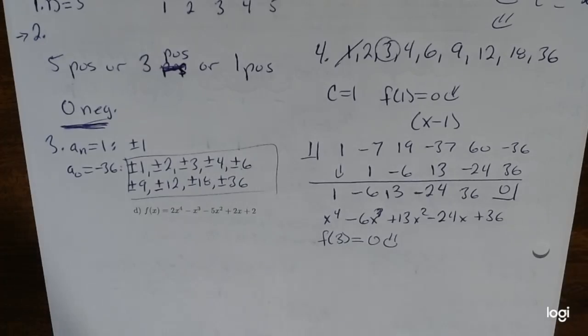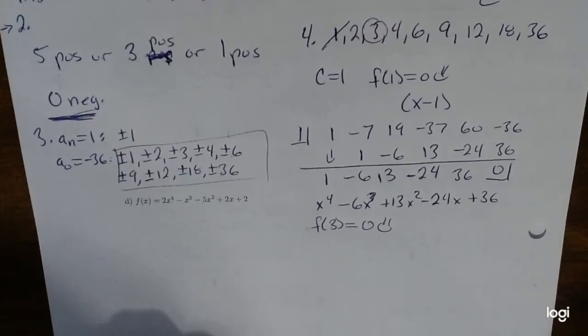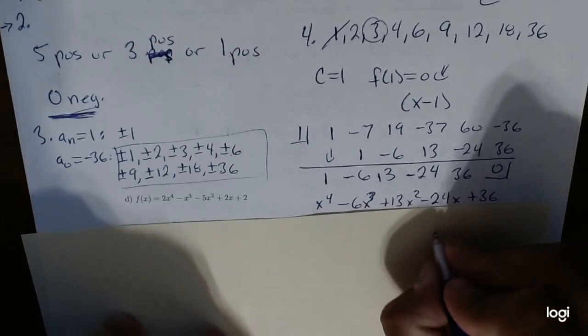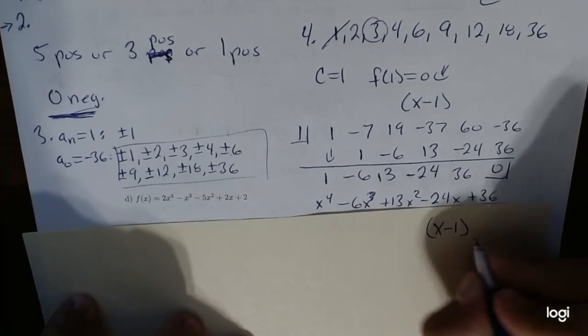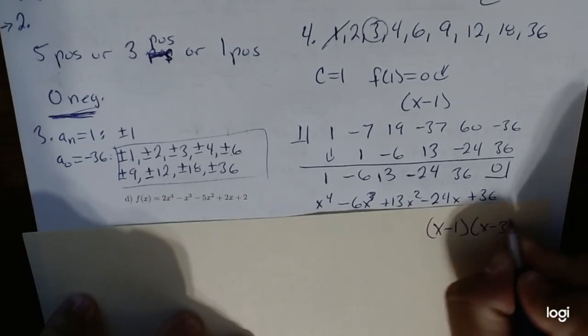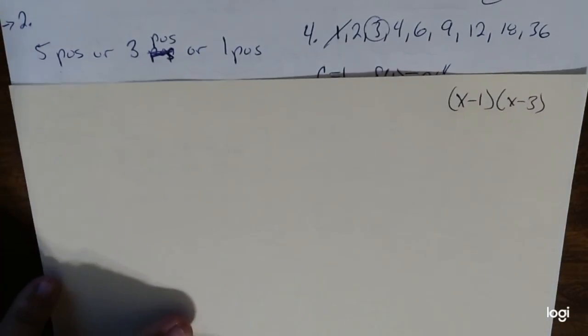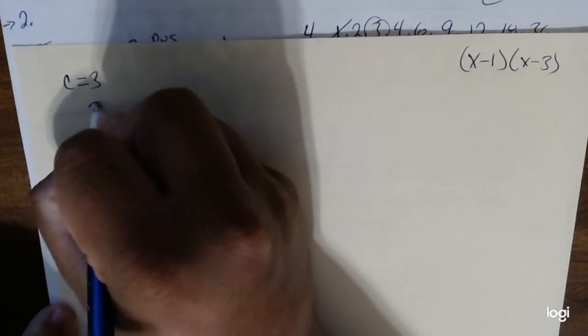I'm running out of space here, so I'm going to put it on the next page. So 3 works. Therefore, we have 2 factors, x minus 1 and x minus 3, because it's the opposite sign of these roots. So again, we do synthetic division to break it down, using c equals 3 and our new polynomial.